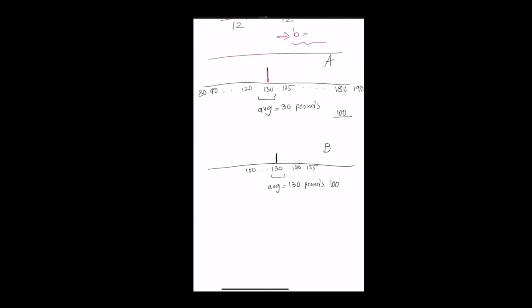So you have taken a sample from the school in neighborhood A. You have taken a sample of size 100 from the school in neighborhood B, and you report to the public health department in LA that the average of both samples is actually 130. So I think both schools are doing good. They are the same. There's no difference. But is that a valid report?